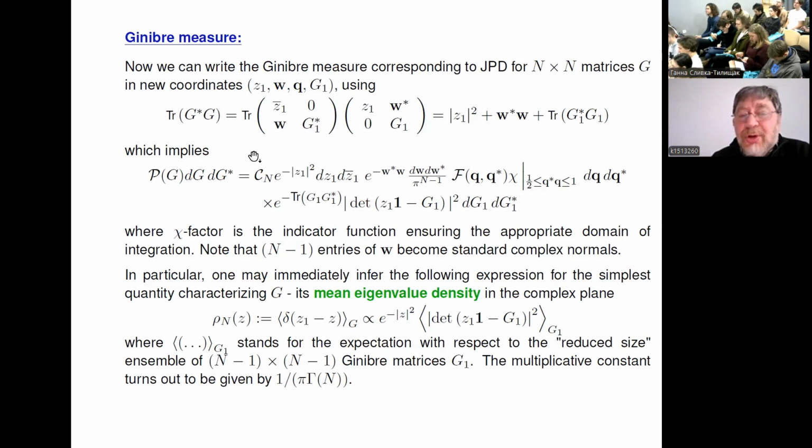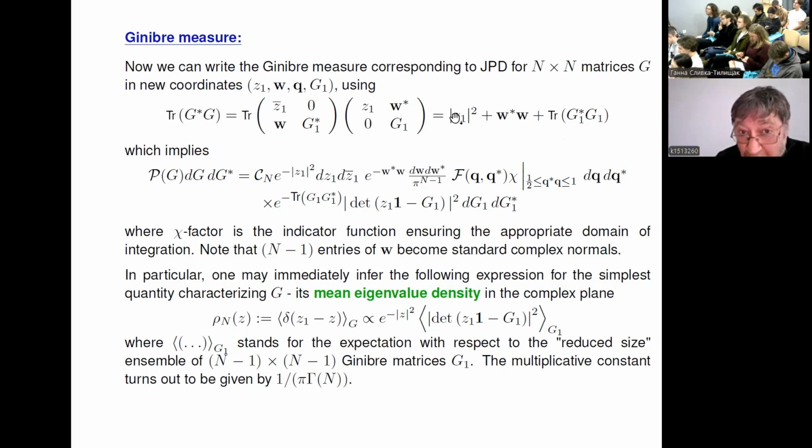Now we need to rewrite this in new coordinates, and this is precisely why we needed this Jacobian. You see that elements of this Jacobian appear here as factors. All the rest will be just rewriting the Ginibre weight, which is the exponential of the trace of G conjugate G, which is very easy to write explicitly in new coordinates.